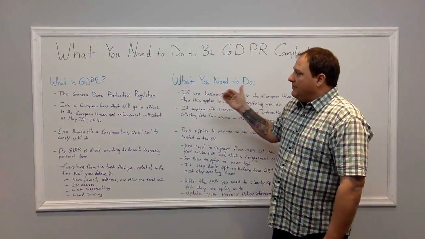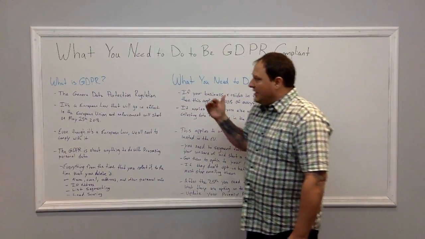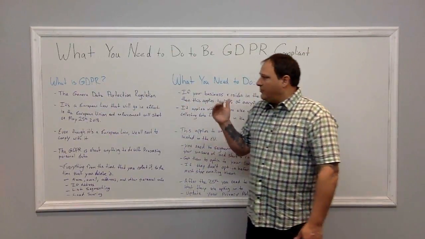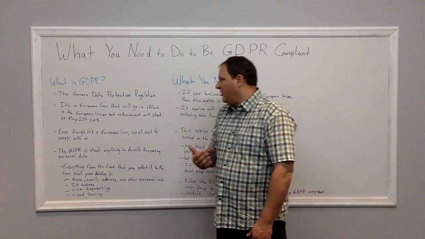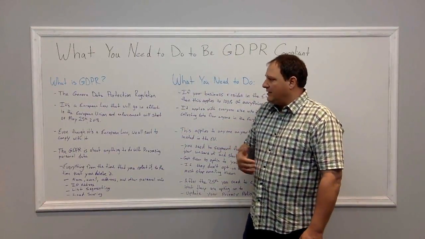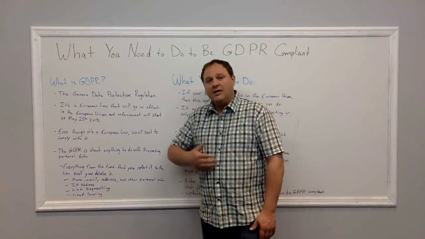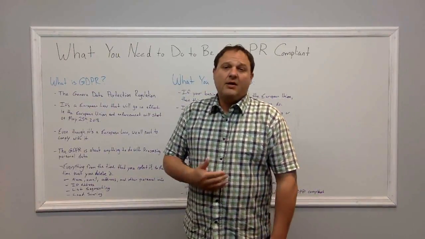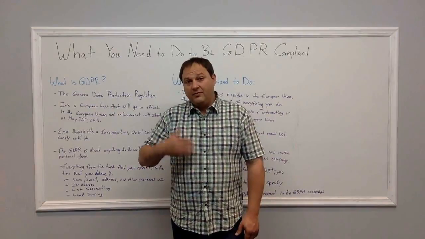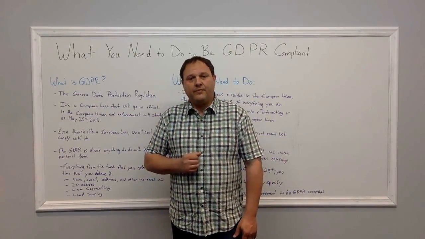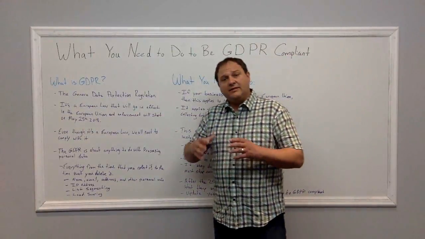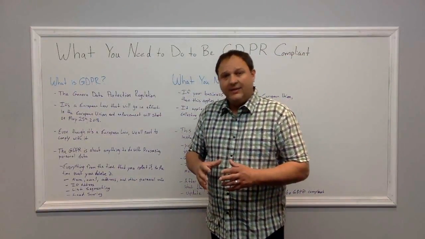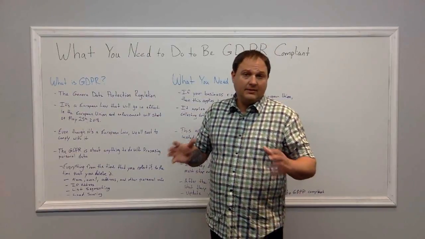So GDPR is the General Data Protection Regulation. This is a European law that will go into effect in the European Union, and enforcement will start on May 25th of 2018. So very soon. Even though this is a European law, this affects all of us.